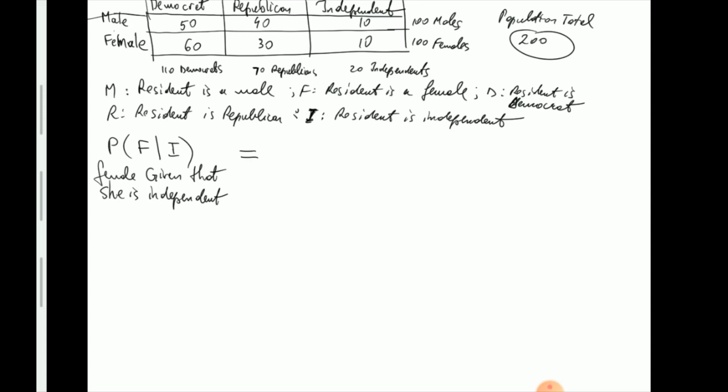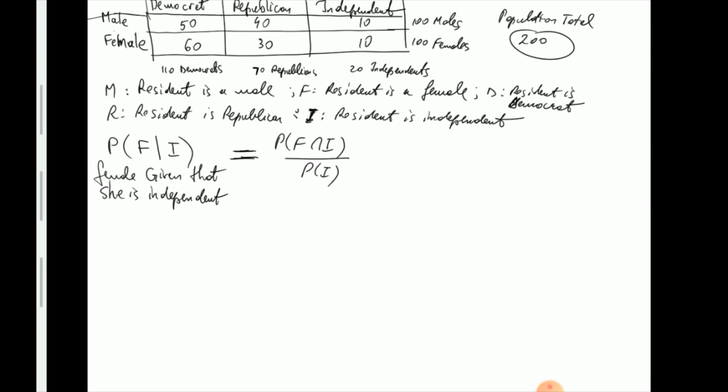In problems like this, you don't actually need to use formulas. I want to make it clear, we can use the formula just for the fun of it. Remember, the formula in this case is the probability of F and I divided by the probability of I. Just for practice we could do it this way, but you could do it directly from the table.